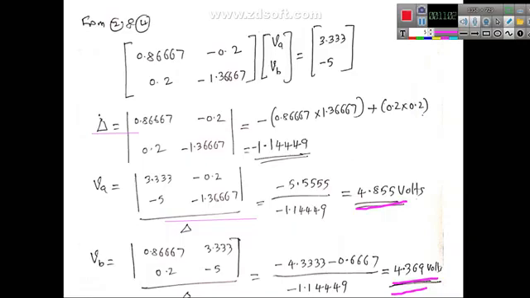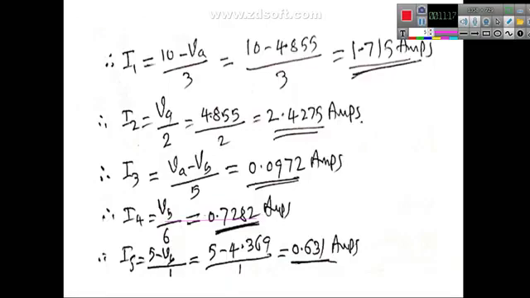So that is how you get the values of VA and VB at nodes A and B. Once you know VA and VB, obviously you can calculate I1, I2, I3, I4 as well as I5. I1 is equal to 10 minus VA divided by 3, so you substitute VA here and get I1.